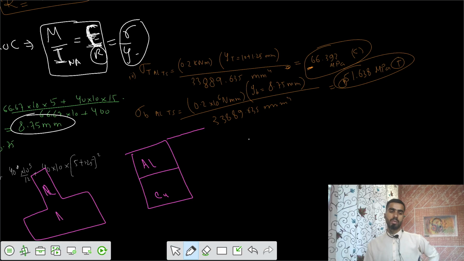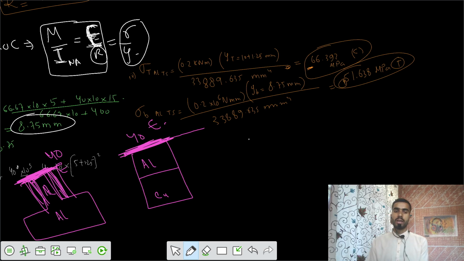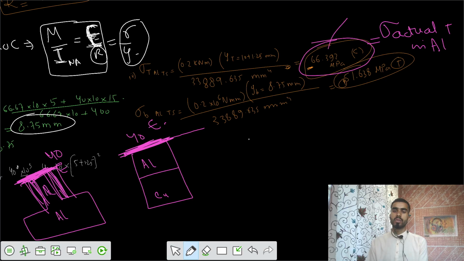Both were aluminum, with same material and same dimensions of 40 mm, and E is also the same on the aluminum side. So the stress in the transformed section at the top in the aluminum should equal the actual stress at the top in the aluminum. This value is the same. There is no change for this one.